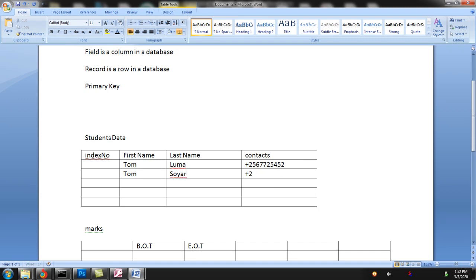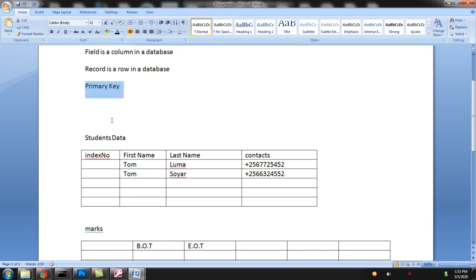In senior 1, there is Tom Luma, and then there is Tom Sawyer. We need to uniquely identify which Tom you are talking about. So that number that you give this person that will uniquely identify him is what we call a primary key.